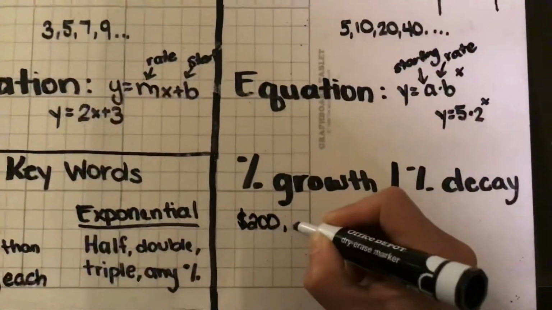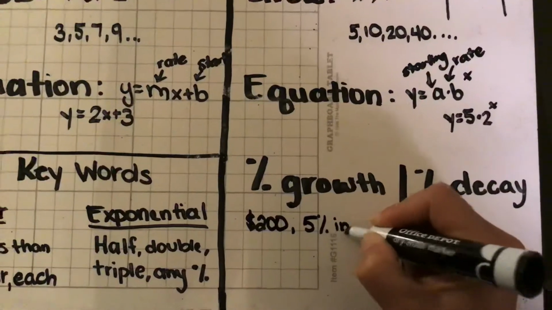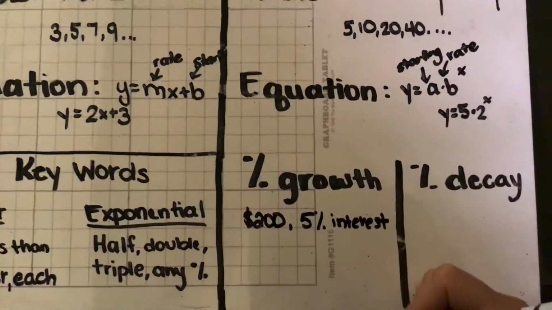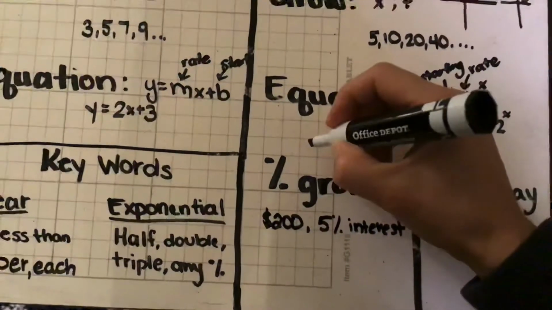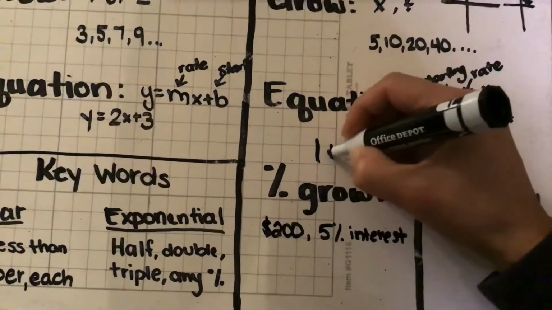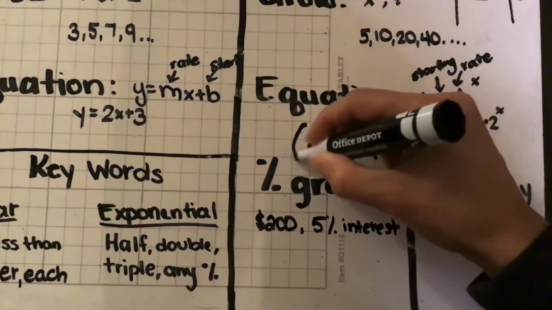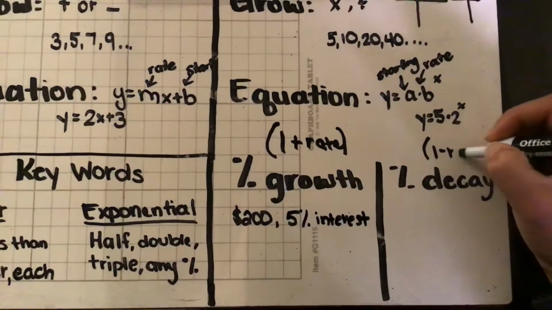It grew at a 5% interest. You got it in a super high yield savings account. Let's figure out how to write that. So if it's percent growth, you're always going to be adding 1 to your rate, and we'll talk about that in just a second. It's going to be 1 plus your rate. For percent decay, it's going to be 1 minus your rate, and we'll talk about that in a second too.